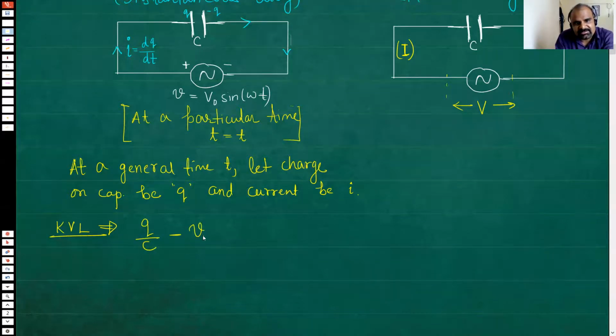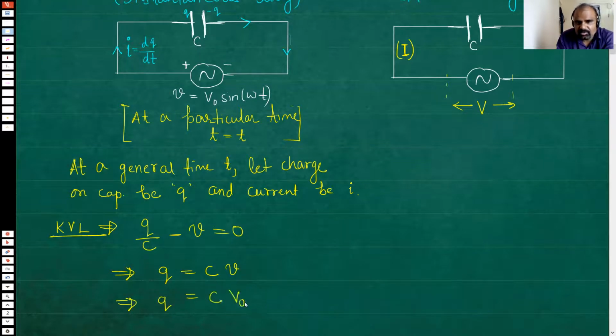Minus V inst equal to 0. So you get Q is equal to C into V inst. So you get Q is equal to C into V naught sine omega t, because V instantaneous is V naught sine omega t.